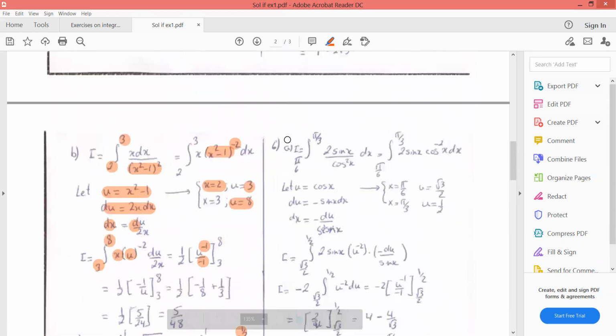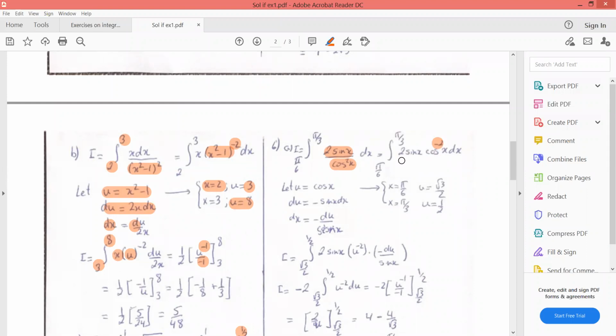Now 6. Integral of 2 sine x over cosine squared x. We bring the cosine squared up, so it becomes cosine power minus 2 x dx. Is there any question here?